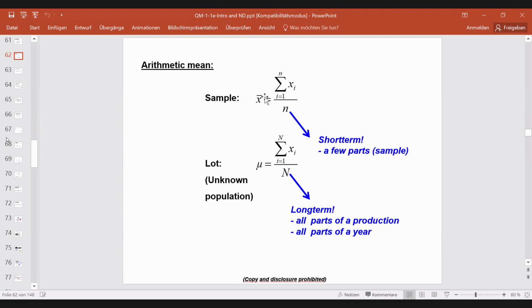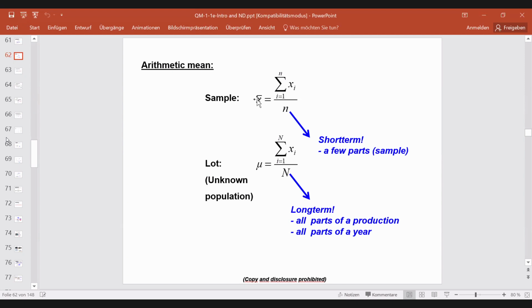But there is a difference, and the goal in quality management, and we will do this also in the homework later on, is to do a calculation from the sample to the population.